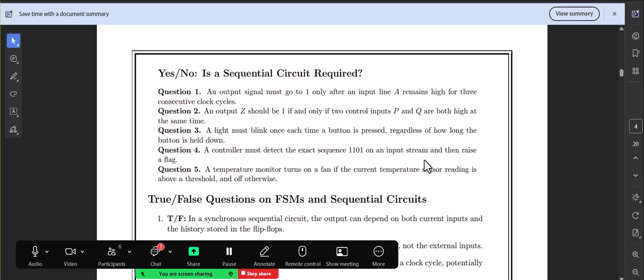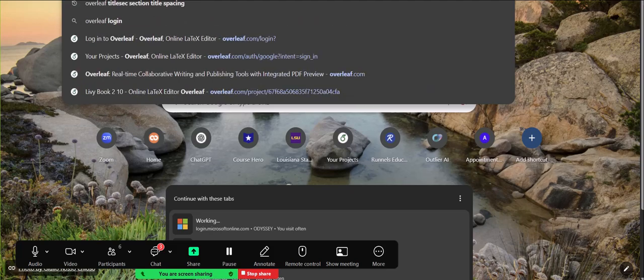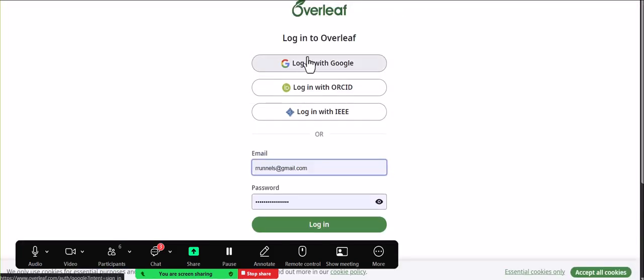So, yes. I put the answers here. Where did I put the answers? They are in my LaTeX document. Why would you need a sequential circuit for that?